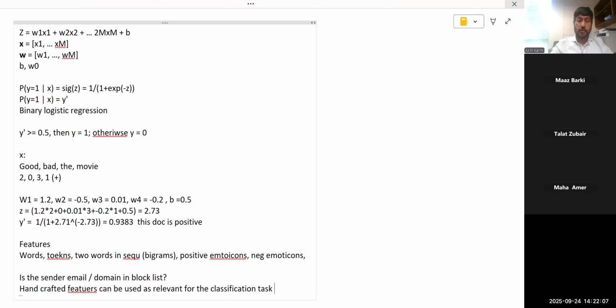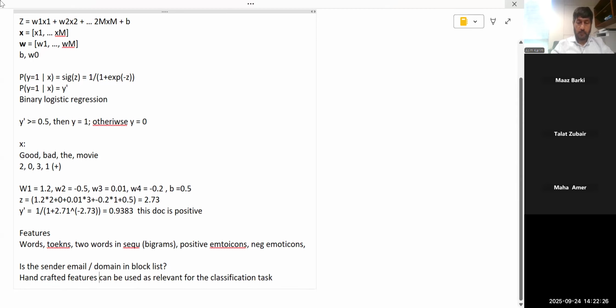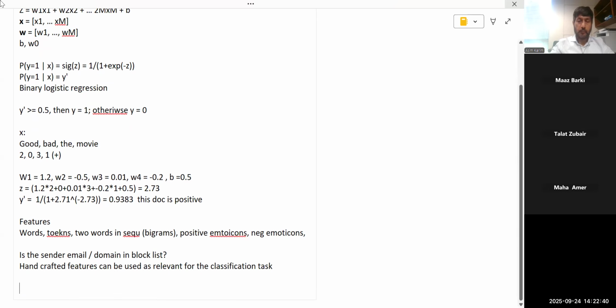So domain knowledge कभी भी, even if you have representation learning or feature learning, automatically you need to be expert or fairly knowledgeable in the domain. ठीक है. So we will see feature learning when we go deeper into neural networks.